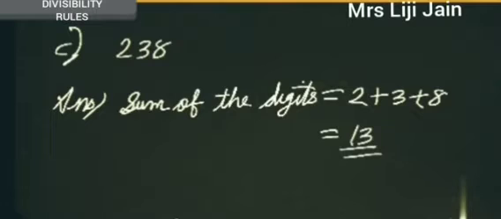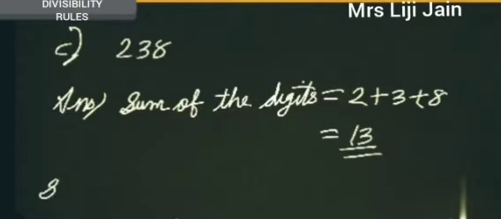Is 13 divisible by 3? No. So what can we conclude from this? Yes, since 13 is not divisible by 3, we can say that the given number is also not divisible by 3, isn't it?